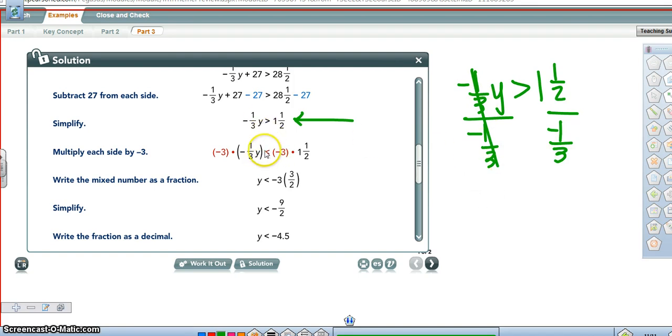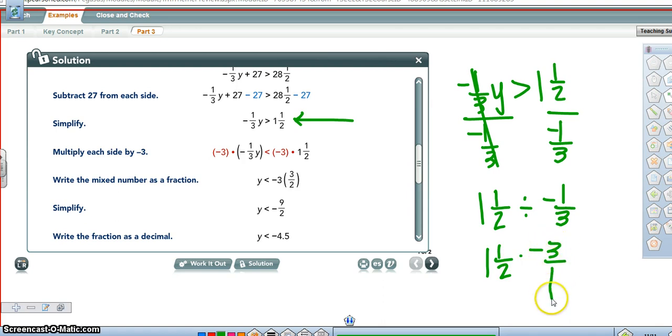Check it out. They totally did that. And then when you divide by a fraction like 1 and 1/2 divided by negative 1/3, you're really multiplying by the reciprocal. So that's why they're just showing multiply by negative 3. Because that's really what we're doing when we divide by negative 1/3.